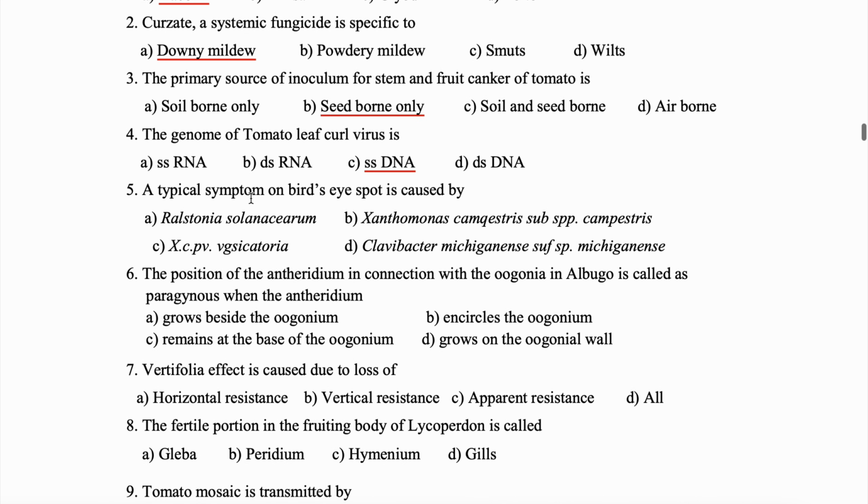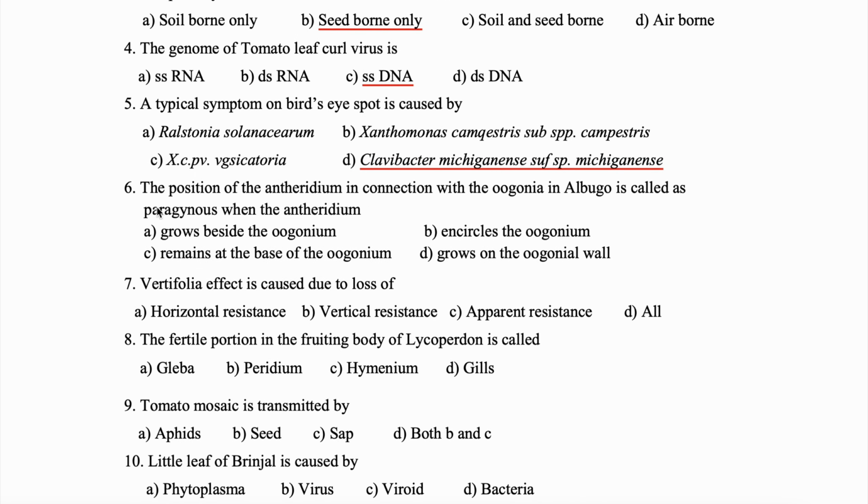Next, a typical symptom of bird's eye spot is caused by Clavibacter michiganensis, subspecies michiganensis. Question 6. The position of the antheridium in connection with the oogonium in Albugo is called paragynous when the antheridium grows beside the oogonium.